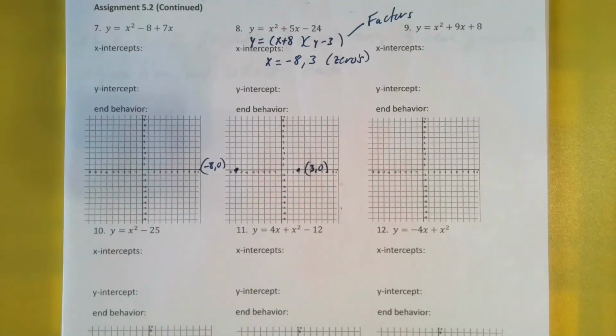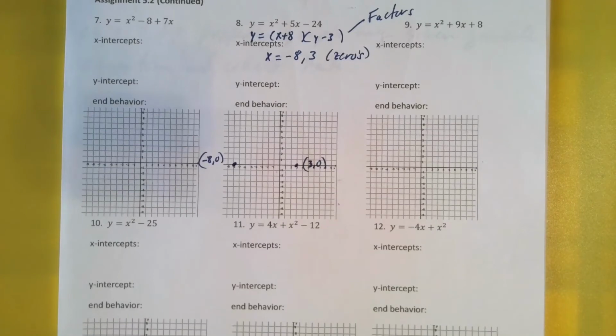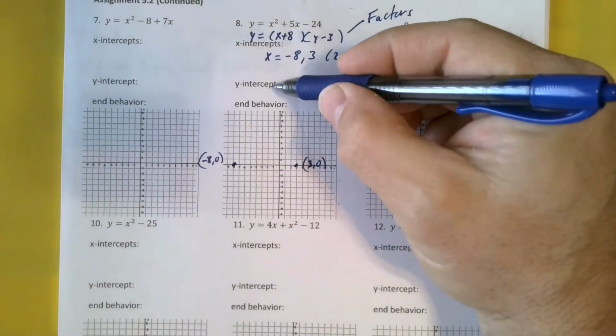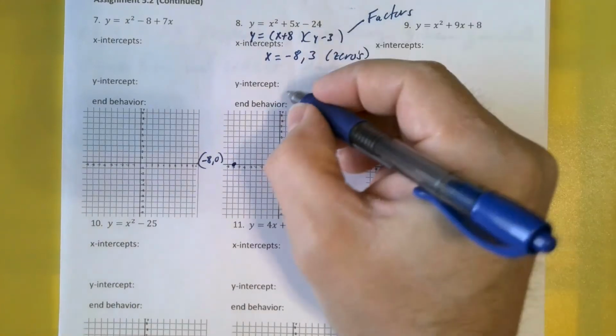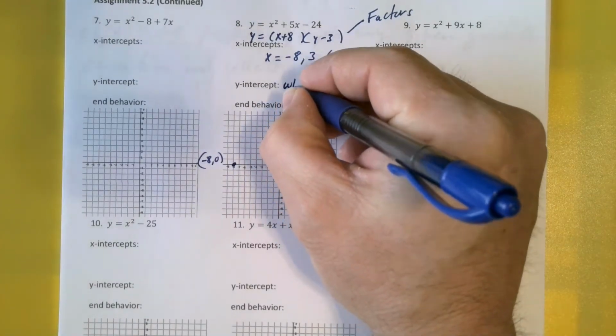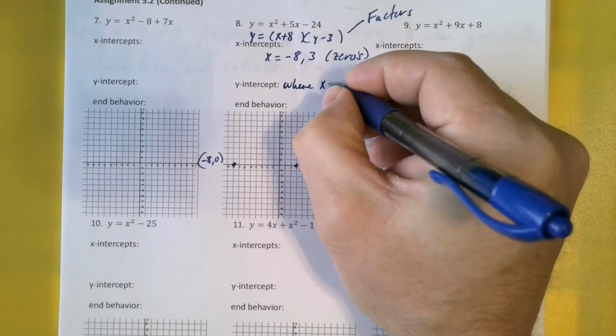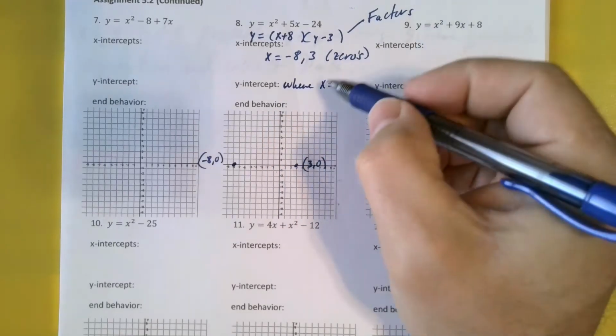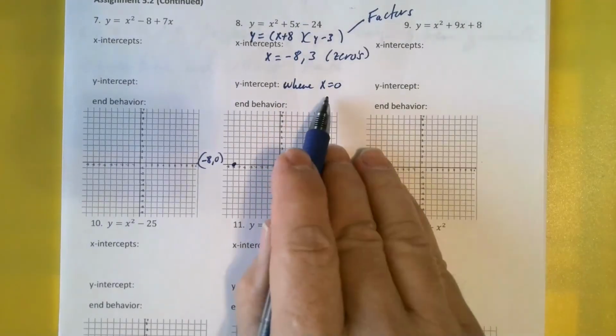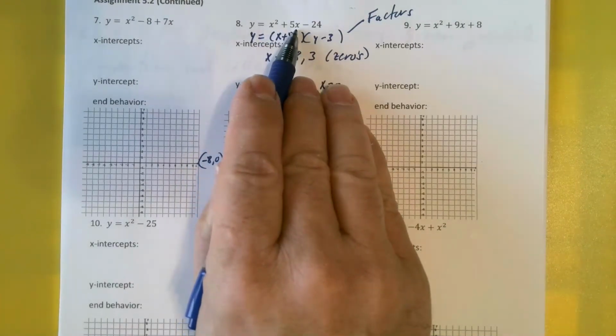Okay? Now, from there, what I need to do is find my y-intercept. Well, my y-intercept occurs where x is 0. So what I do is I go to my equation and I just substitute 0 in everywhere x is.